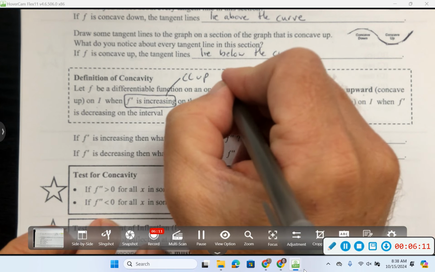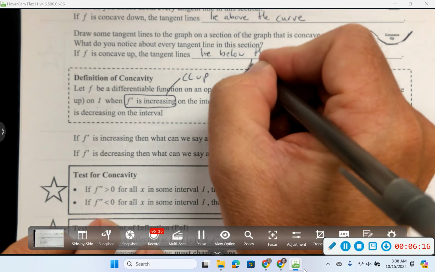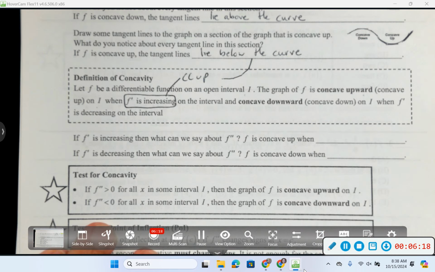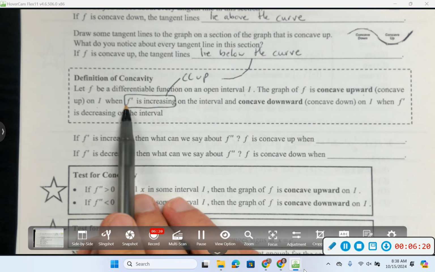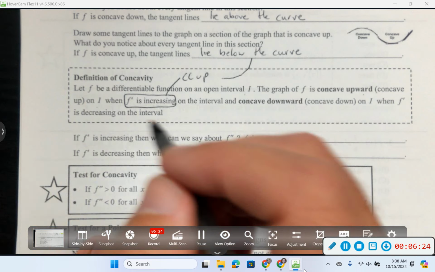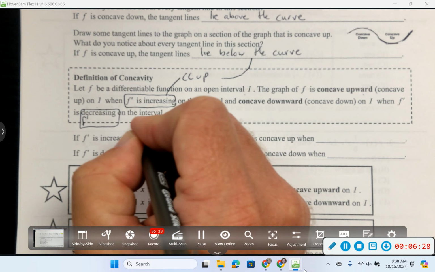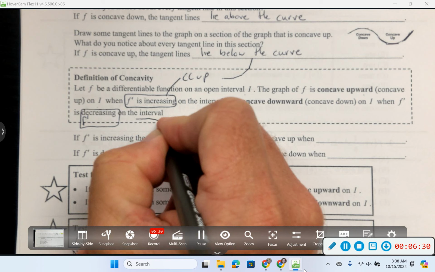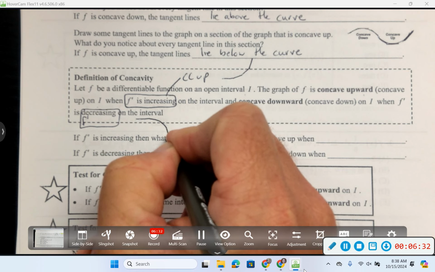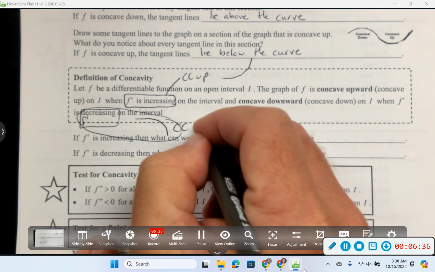Maybe it starts at 0, but then it increases a little bit, and a little bit more, and a little bit more. If the slope is increasing, f prime is slope, then you're concave up. Concave down when f prime is decreasing. Again, if you started at 0, but then you go a little bit negative, and more negative, and more negative, that would be concave down.